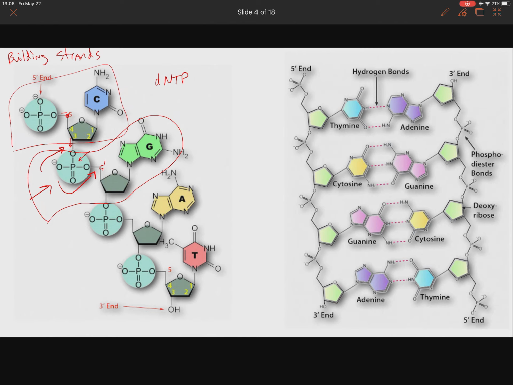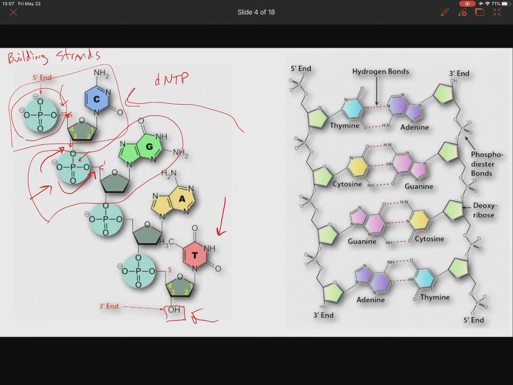As you can see, on the 3' end of this growing strand, we've got a thymine, and this thymine is attached to a deoxyribose sugar that has a free hydroxyl group on its 3'. The next nucleotide would come in with a phosphate group attached to its number 5, but nothing else attached to the phosphate group. That phosphate group is going to form another ester bond here at this hydroxyl, linking the two nucleotides, and then that nucleotide will have a free hydroxyl at the bottom.